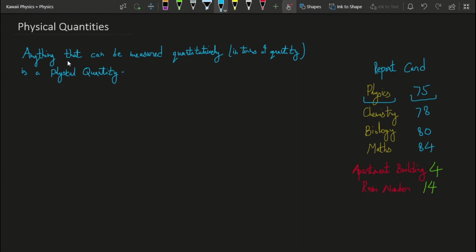And in a physical quantity you have two things that are combined to give a meaningful information.